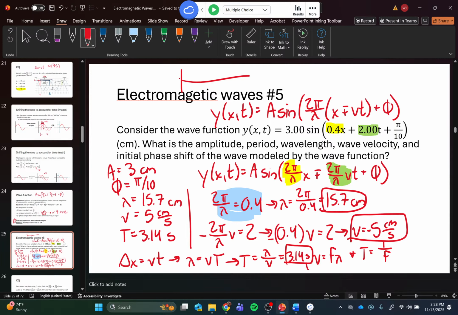A sine function normally starts at 1 and goes down. Plus phi should be shifted to the right. Sine starts at 0. Yeah, sine starts at 0. Well, I'm trash at this. We all know that because we don't make mistakes like me, right? So it's shifted to the right some amount, pi over 10, which is not pi over 2, which is true. But that's what the phase shift is for.